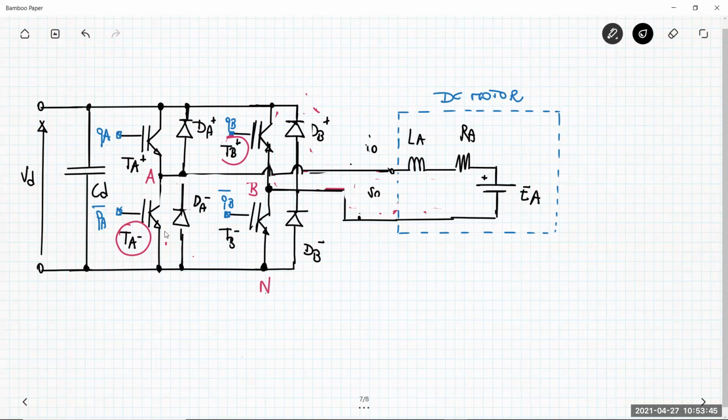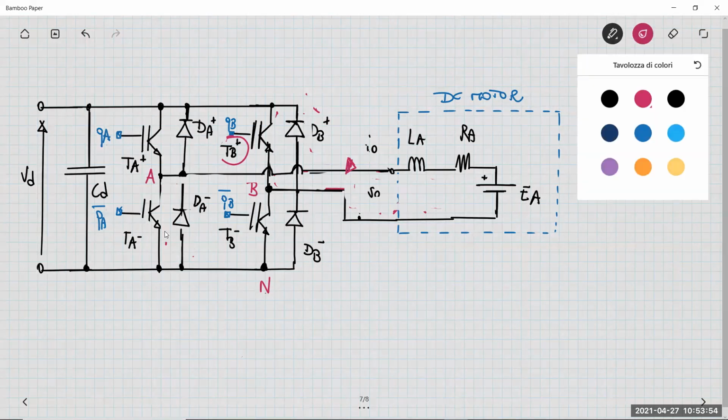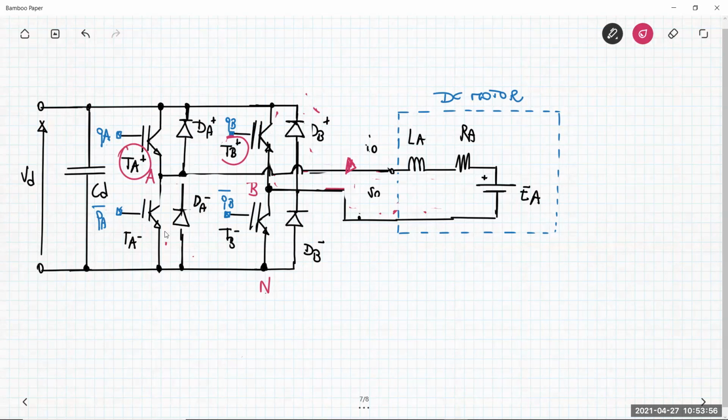Positive current. So the current goes in this direction. Then I have TA plus and TB plus on. The current is positive.